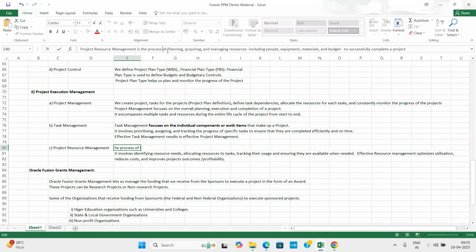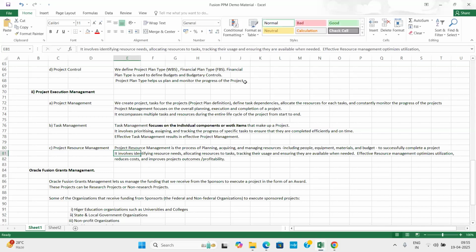You have to plan how many people you need, and acquire the people into the project, and manage the resources, including people, equipment, material, and budget, to successfully complete a project. It involves identifying resource needs, allocating resources to tasks, tracking their usage, and ensuring they are available when needed.